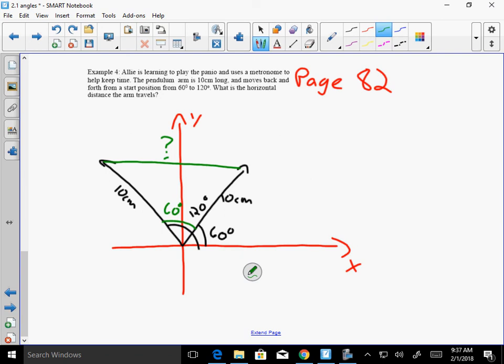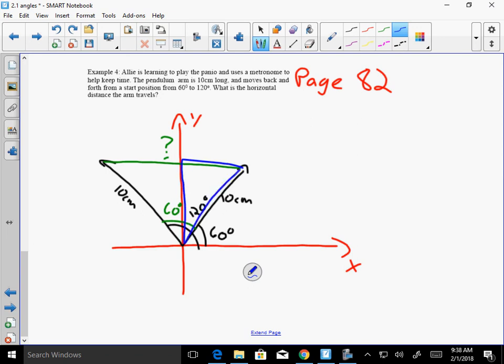Now, the information that I gave you today was based off of two triangles: a 45 triangle and a 60-30 triangle. So let's see if we can get one of those. What if I just took this part here and worked with that? 60-30.